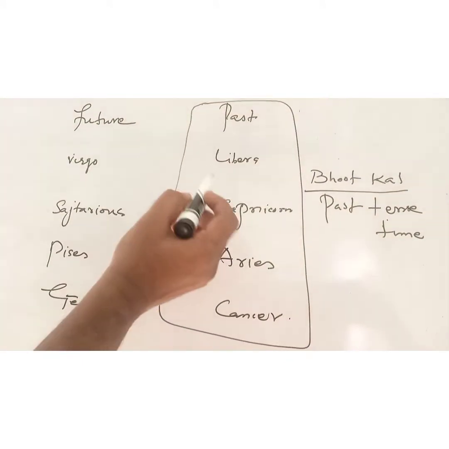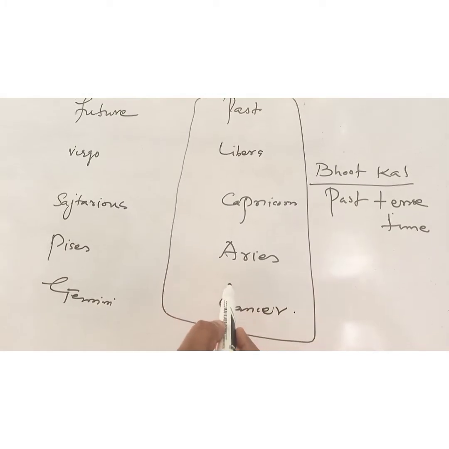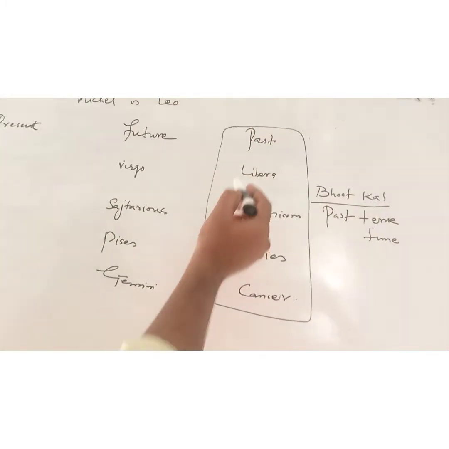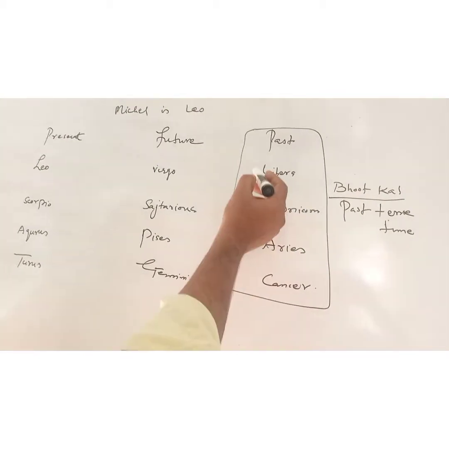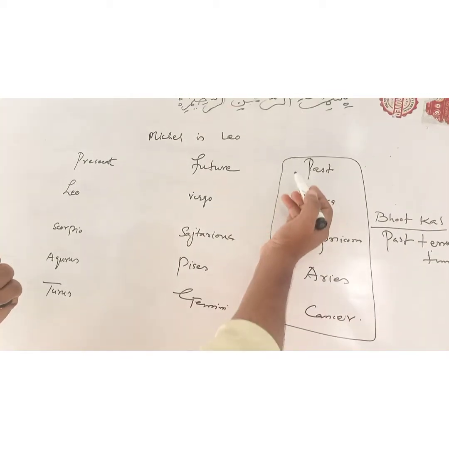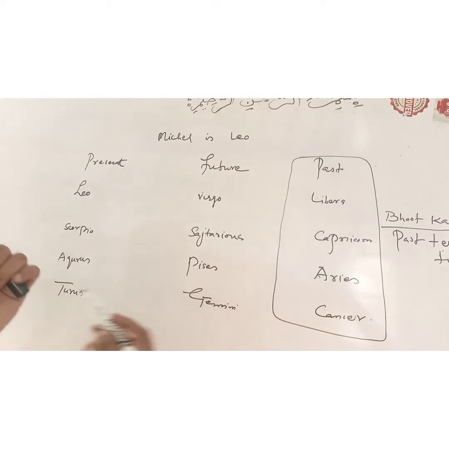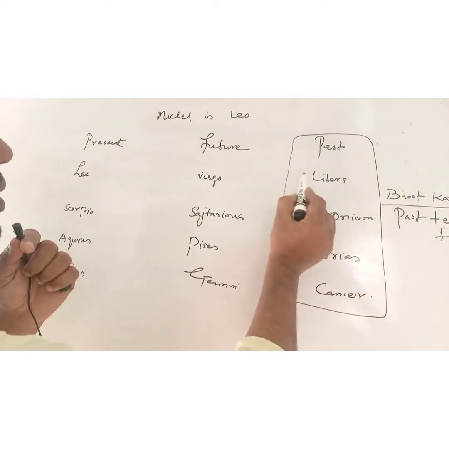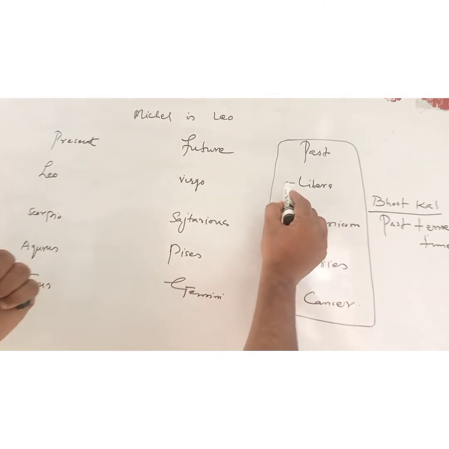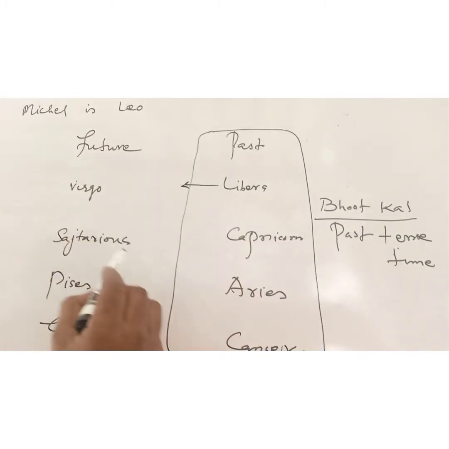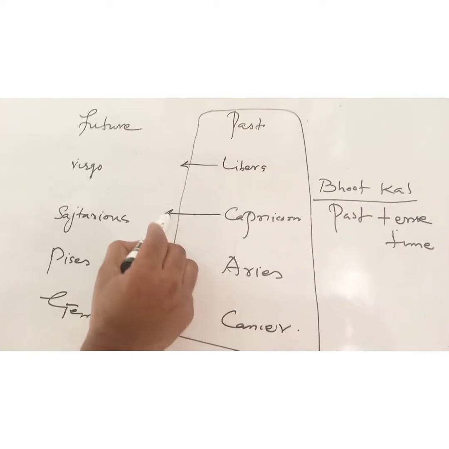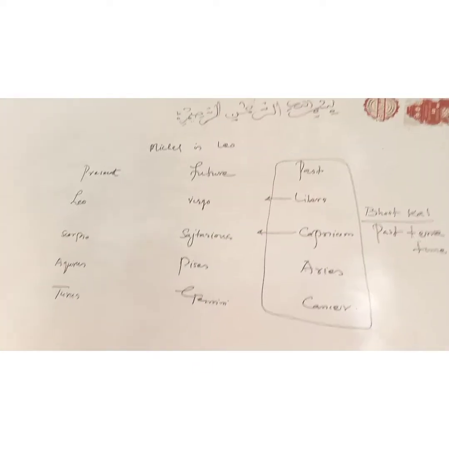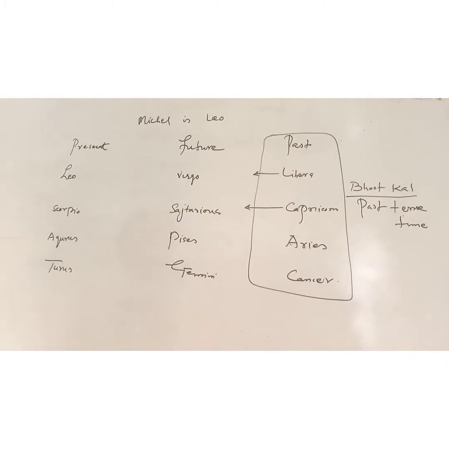Then we see here Libra, Capricorn, Aries, and Cancer. These things will tell about that time. Libra tells nearly past and other more informative period of past tense.